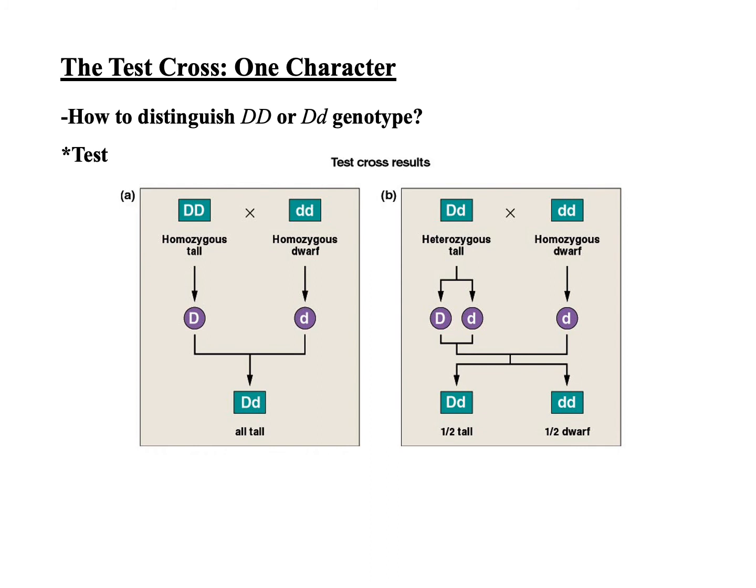So again, in this case, we would have an individual who has the dominant phenotype, and what we're trying to establish is the genotype of that individual.